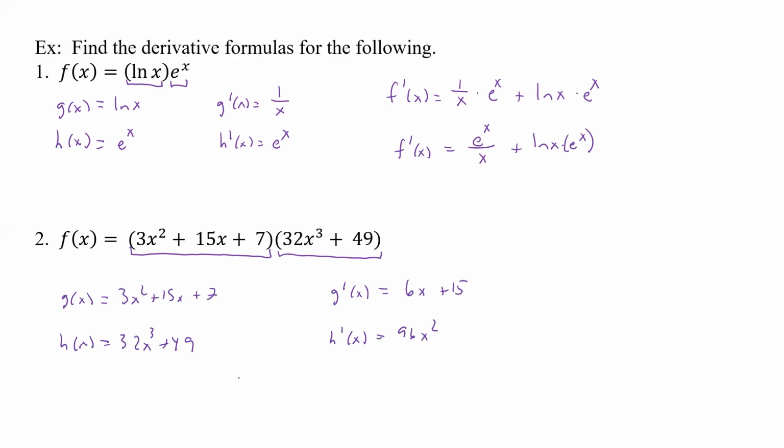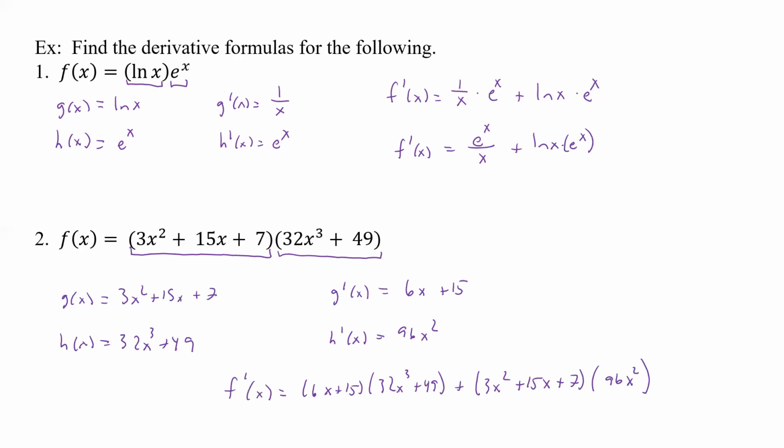Okay, so now we can say, well, f prime of x is equal to what? Well, it's going to be equal to 6x plus 15 times 32x cubed plus 49 plus, and then I'll have 3x squared plus 15x plus 7 times, and then I'll have 96x squared.